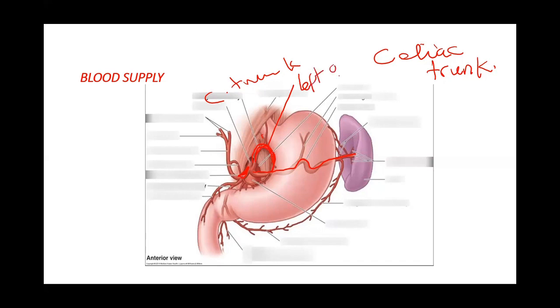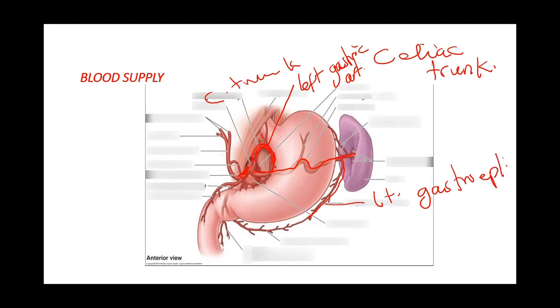Left gastric artery. The splenic artery gives a branch that is called the left gastroepiploic artery.